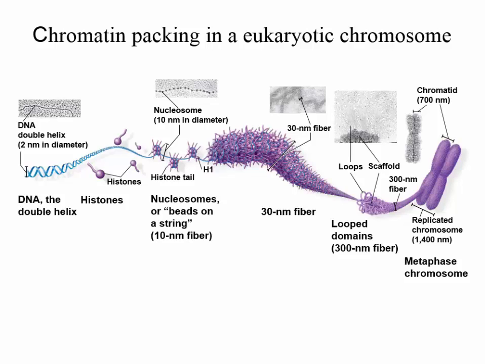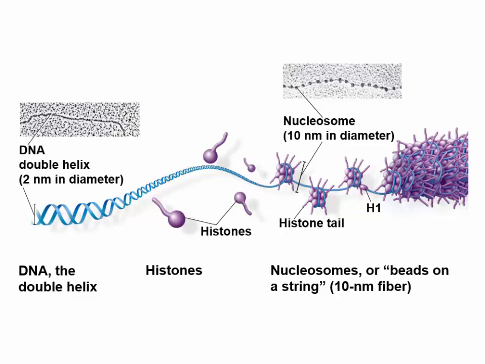And then you get even more loops and scaffold. That's a 300 nanometer fiber. And ultimately, you get the entire chromosome, which is about a 1400 nanometer fiber. It's pretty thick, at metaphase. So if we look at it again, these are the histones wrapping that DNA around itself, and then that beaded look wrapping itself over and over.